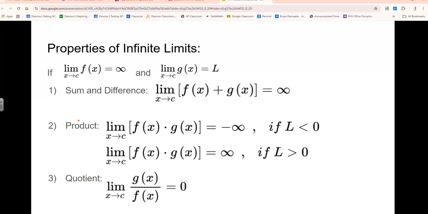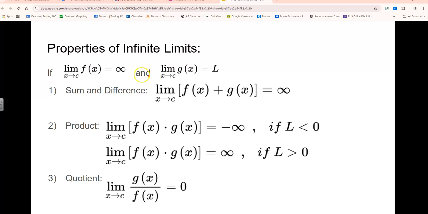So a few properties of limits for us to know. If we have the limit as x approaches c of f of x, if we know that it equals infinity, or negative infinity, but I just wrote these rules for positive infinity to keep it from being too cumbersome.